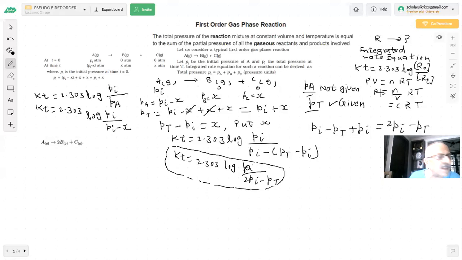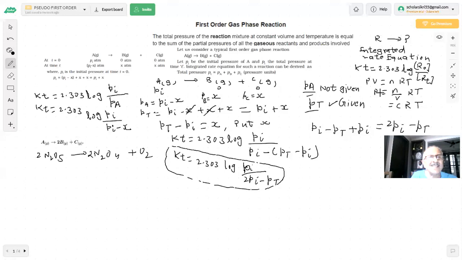For example, in the book you are given 2N2O5 gives N2O4 plus O2. If this is the question, this has to be 2 to balance. This is my balanced equation.